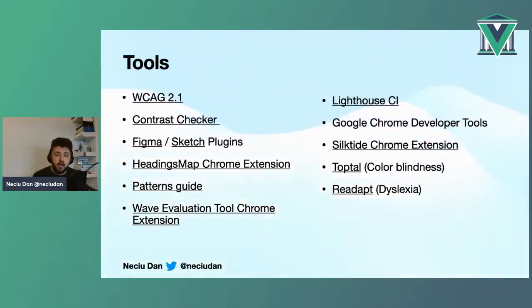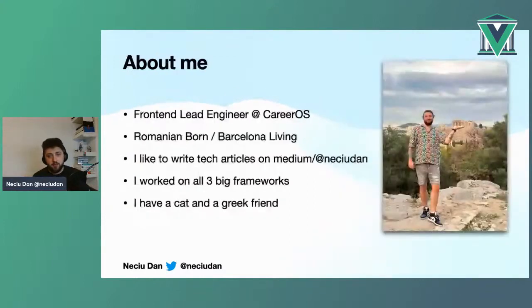You have Lighthouse CI to integrate in your CI/CD pipeline that can check the accessibility score of your pull request. Of course, the Chrome Developer Tools is amazing. It has an accessibility tab that shows you each element and what ARIA labels it is using. And then we have some Chrome extensions that can simulate dyslexia, color blindness, or all sorts of disabilities, so you can see what is happening in your app.